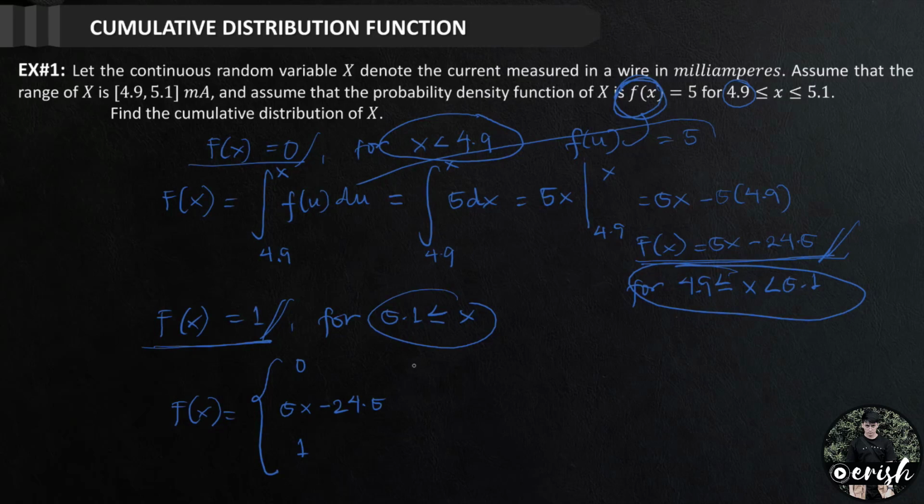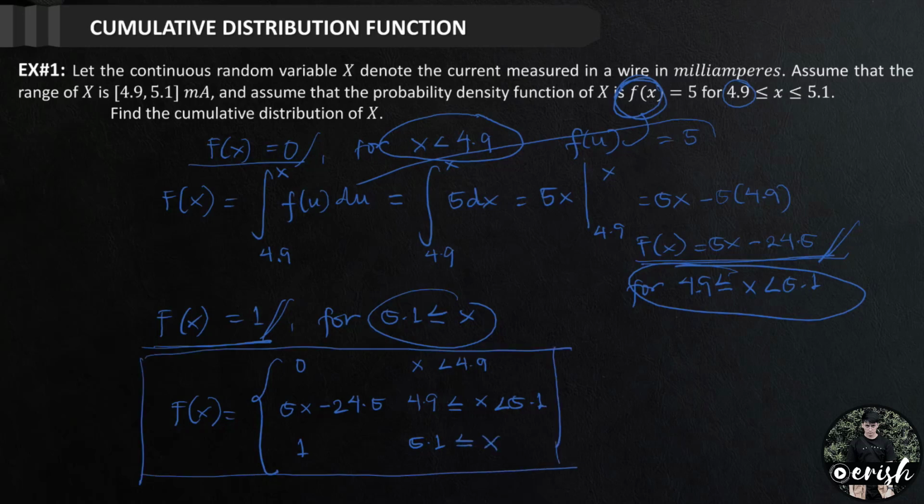For 0, we have x less than 4.9. For 5x minus 24.5, we have 4.9 less than or equal x less than 5.1. For the value 1, we have 5.1 less than or equal x. So this is the cumulative distribution function of the random variable x natin.